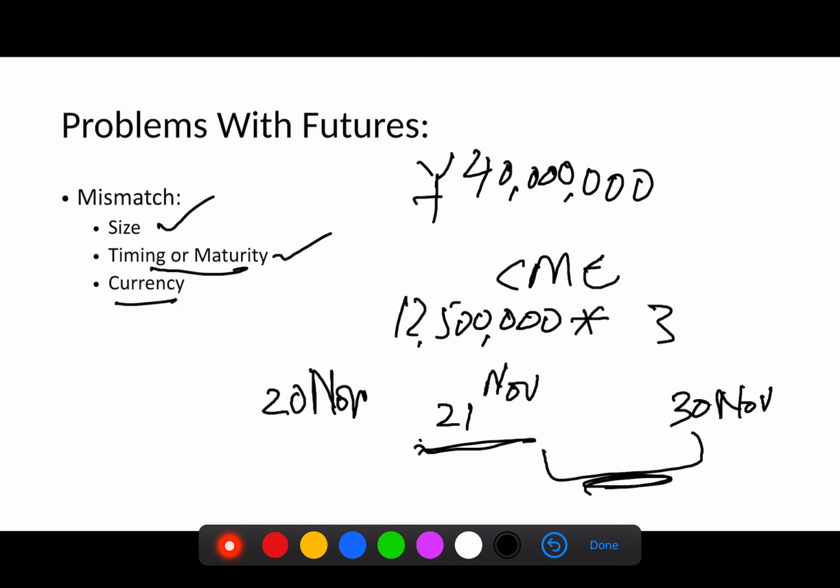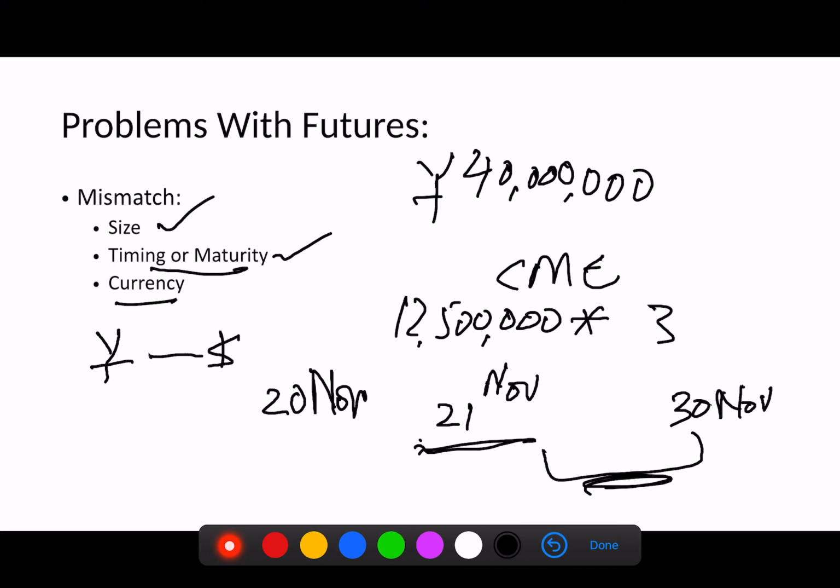And finally, the currency. For example, like in the previous case, if on an exchange the contracts are available against the dollar only, and the better example is about the Indian rupees, say.